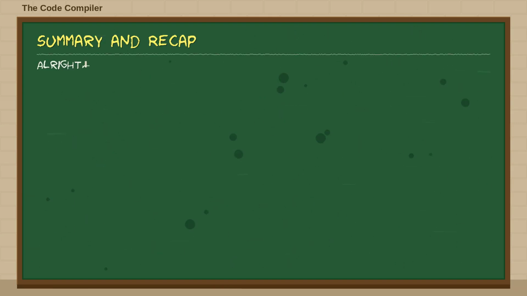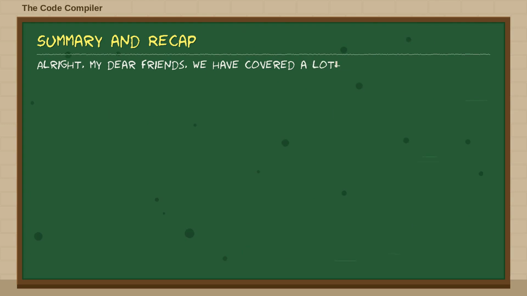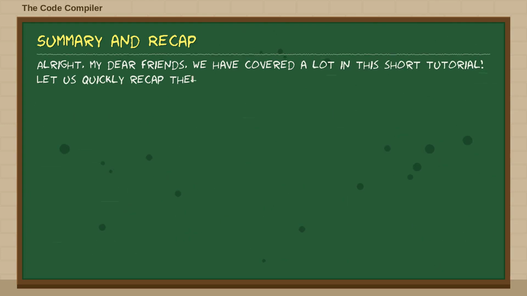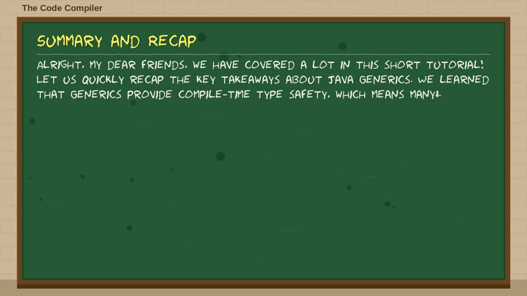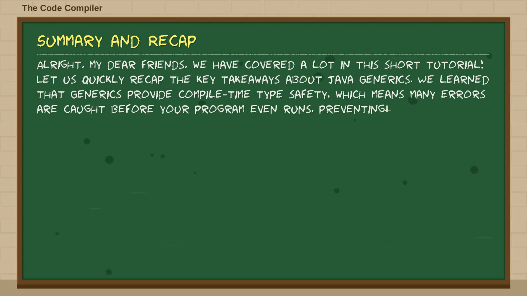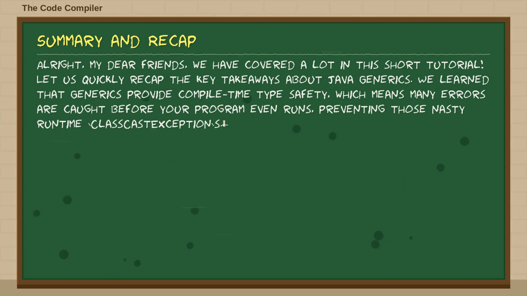Alright, my dear friends, we have covered a lot in this short tutorial. Let us quickly recap the key takeaways about Java generics. We learned that generics provide compile-time type safety, which means many errors are caught before your program even runs, preventing those nasty runtime ClassCastExceptions.